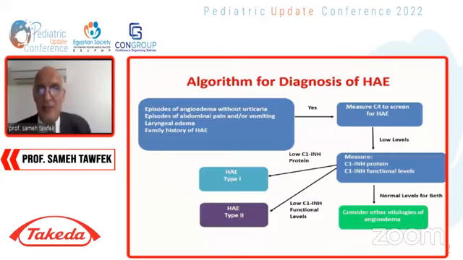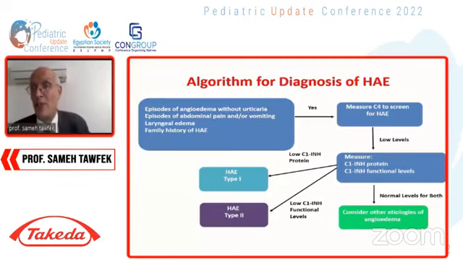And this is a good algorithm for diagnosis of hereditary angioedema. If we have episodes of angioedema without urticaria, episodes of abdominal pain, vomiting, or laryngeal edema, and there's a family history of hereditary angioedema, and if any of these signs or symptoms, we have to think of hereditary angioedema.